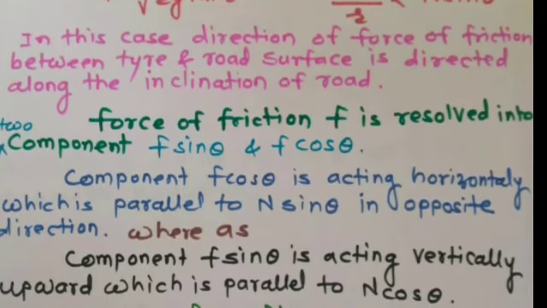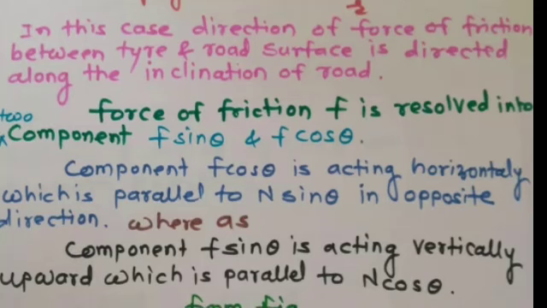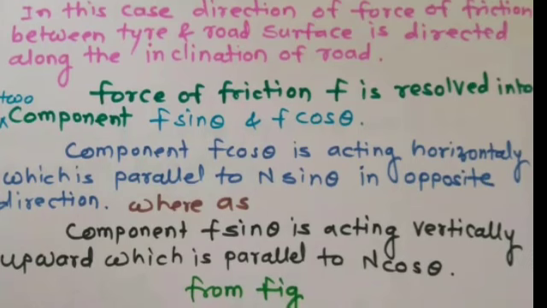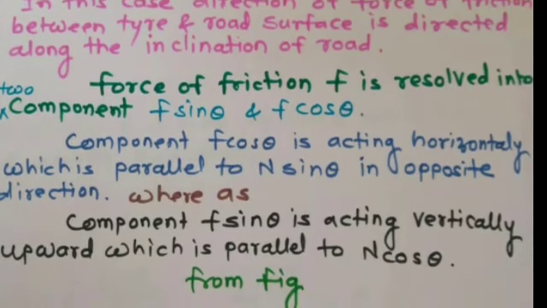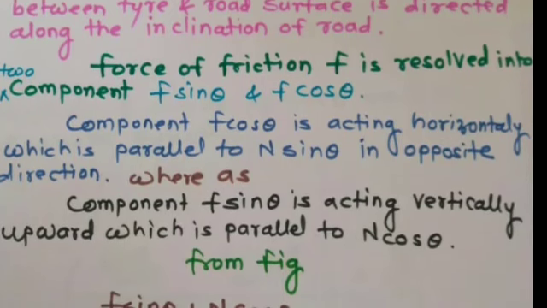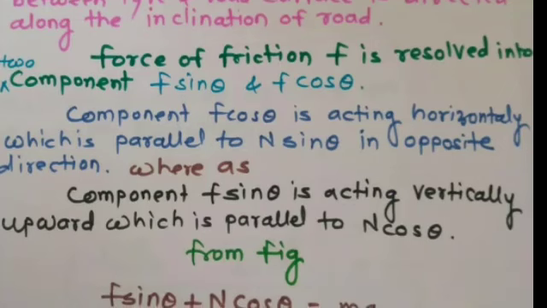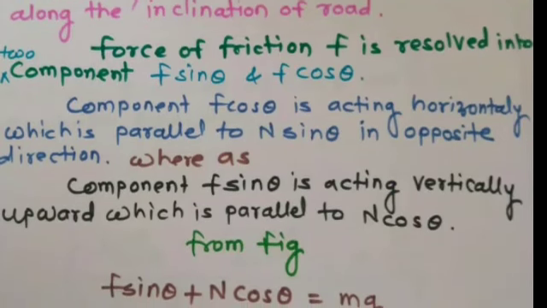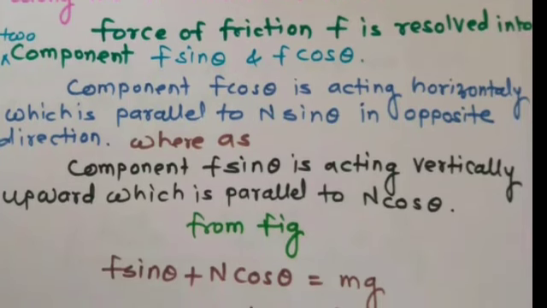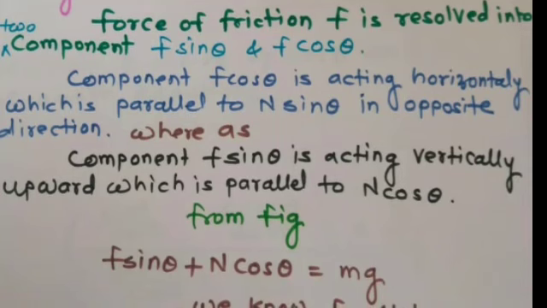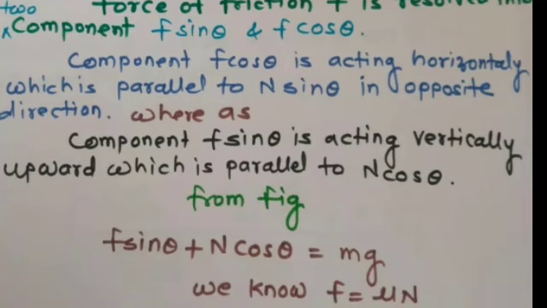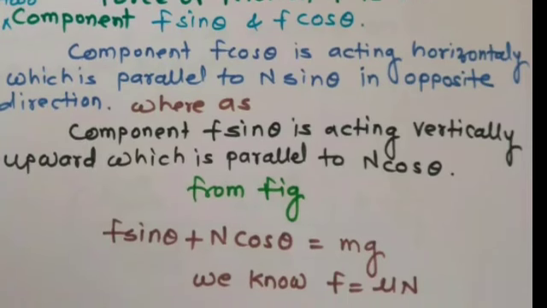Force of friction F is resolved into two components, F sin theta and F cos theta. The component F cos theta is acting horizontally, which is parallel to N sin theta, in the opposite direction, whereas component F sin theta is acting vertically upward, which is parallel to N cos theta.